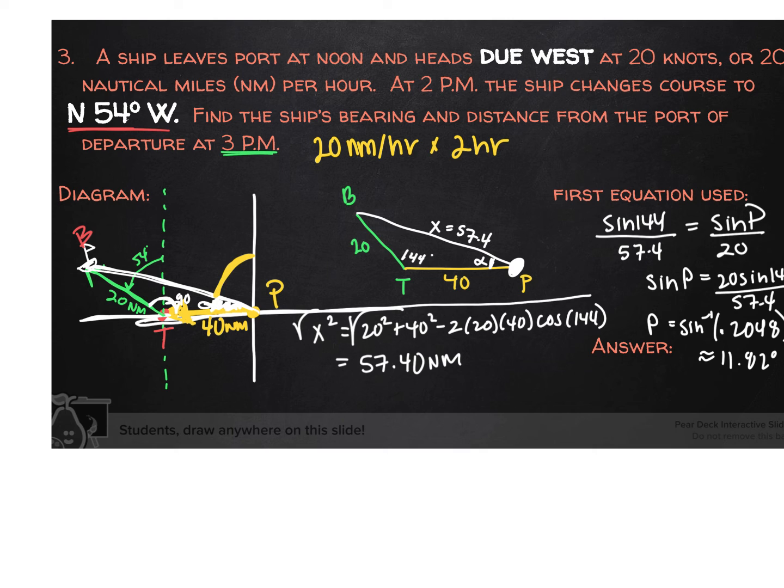I'm also using second answer a lot in my calculator, so I don't have to retype everything. So this angle ends up being 78.18 degrees. So my distance from port is 57.4 nautical miles, and my bearing is, I'm in the northwest quadrant, 78.18 degrees west from that north heading. So that answers the question.